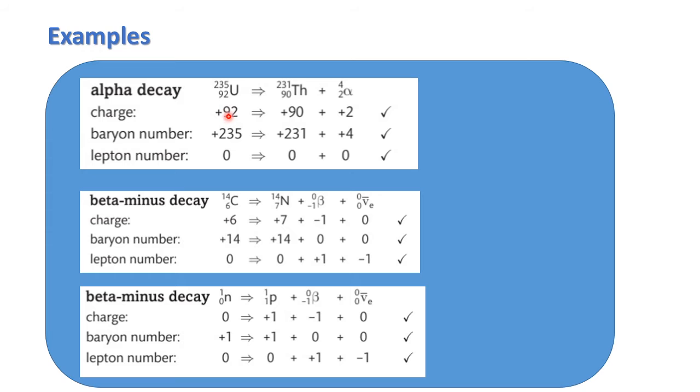So considering the charge, 92 on the left side and 90 + 2 = 92 on the right side, charge is conserved. When we think of baryon number, we know that a proton has a baryon number of +1. Why? It consists of 3 quarks, and one quark has a baryon number of 1/3; 1/3 three times gives +1.